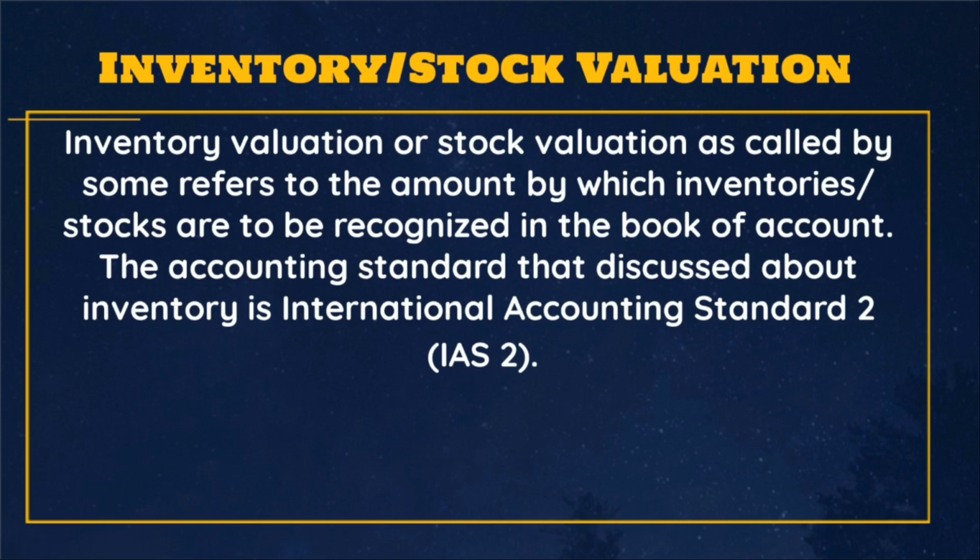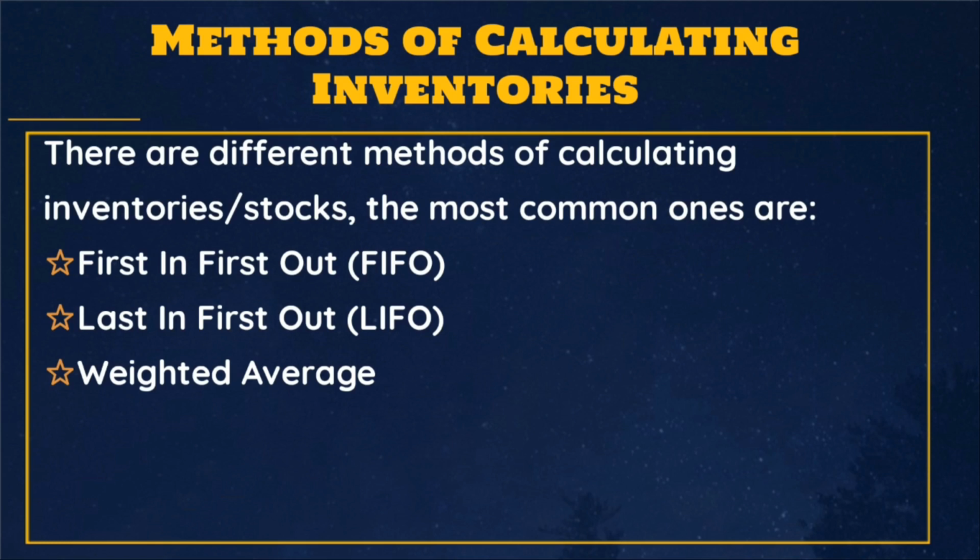So by the time the business wants to supply them, at what cost are they going to recognize these inventories? That's what this topic is talking about. The accounting standard that discusses inventory is IAS 2, that is International Accounting Standard 2.